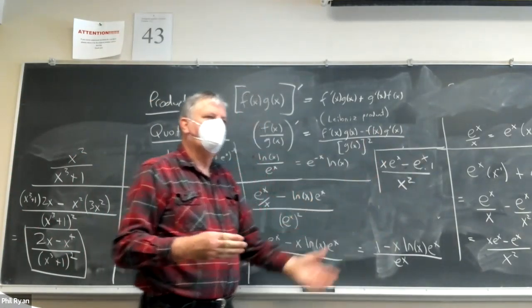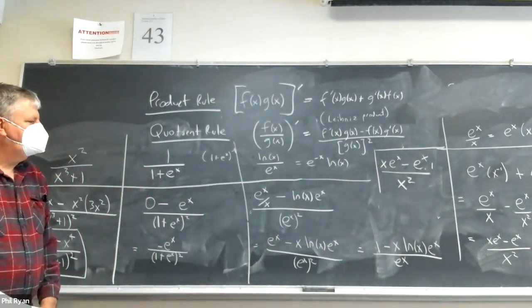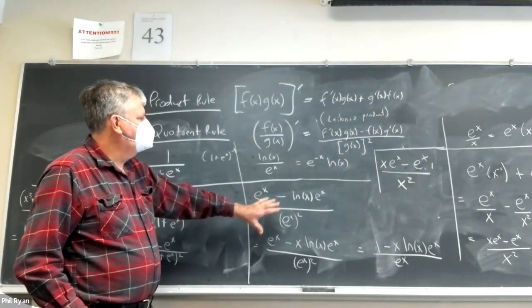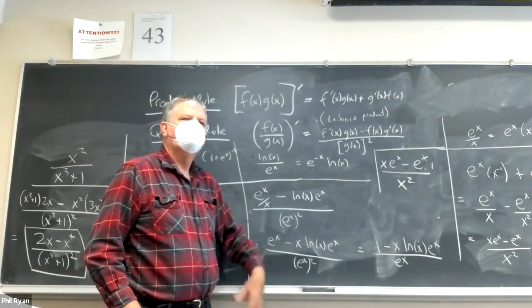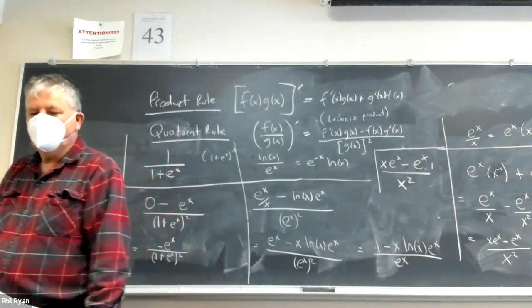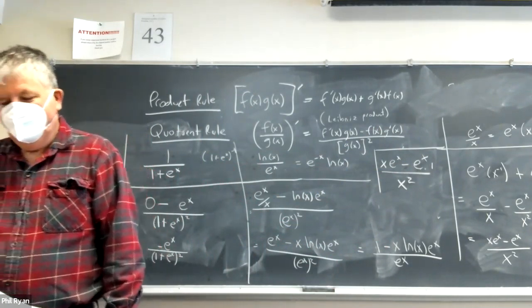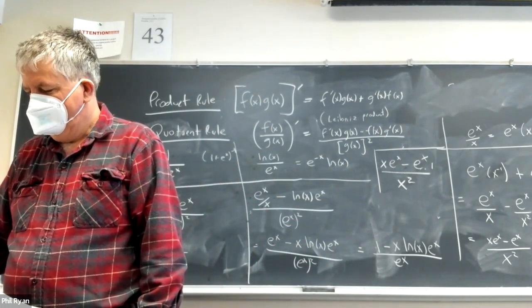There's more than one way to put functions together. So in this case, the product is easier than the quotient. The quotient gets kind of ugly, but the product rule turns out pretty nice. Okay.